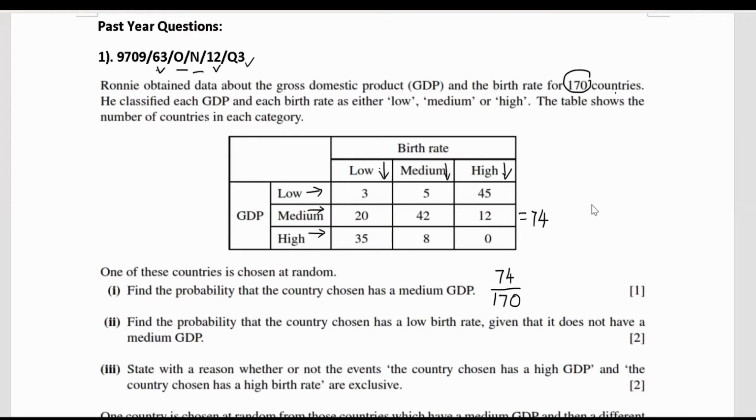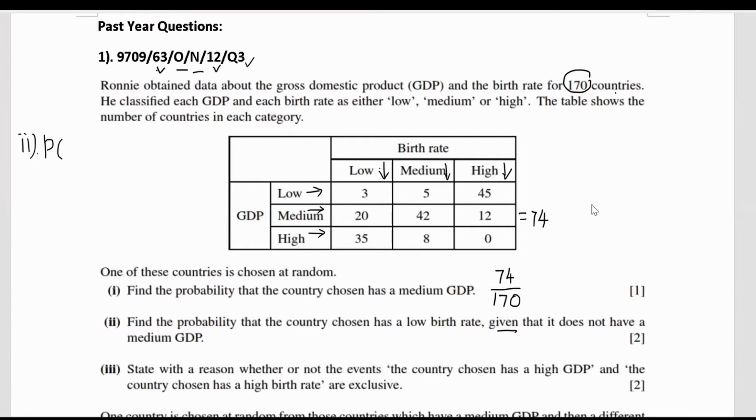Now part 2: find the probability that the country chosen has a low birth rate, given, keyword given, that it does not have a median GDP. To answer part 2, based on the formula that I have given before, I will write it down like this.